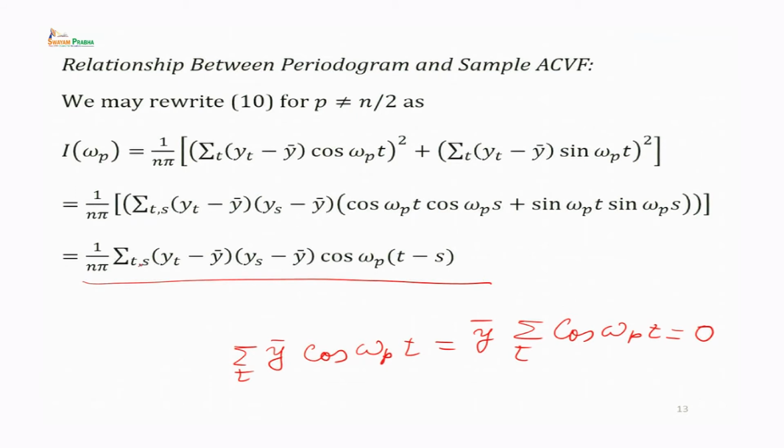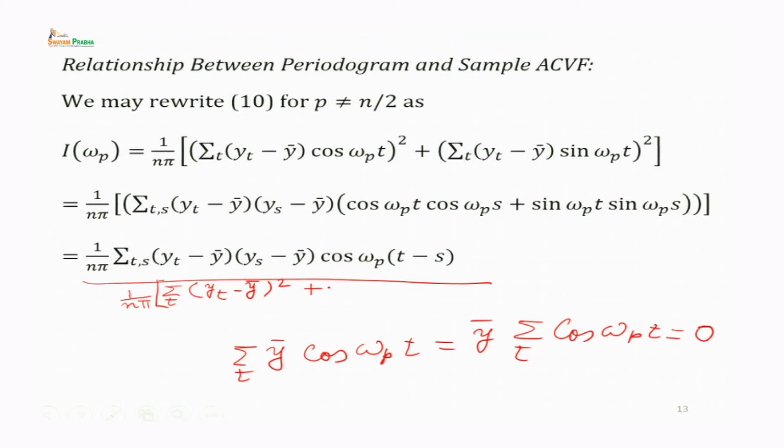Now, in this expression, for some of the terms you have t equal to s. So, for t equal to s you get 1 upon n pi summation over t, and cos 0 here is 1. So, you get (y t minus y bar) square.